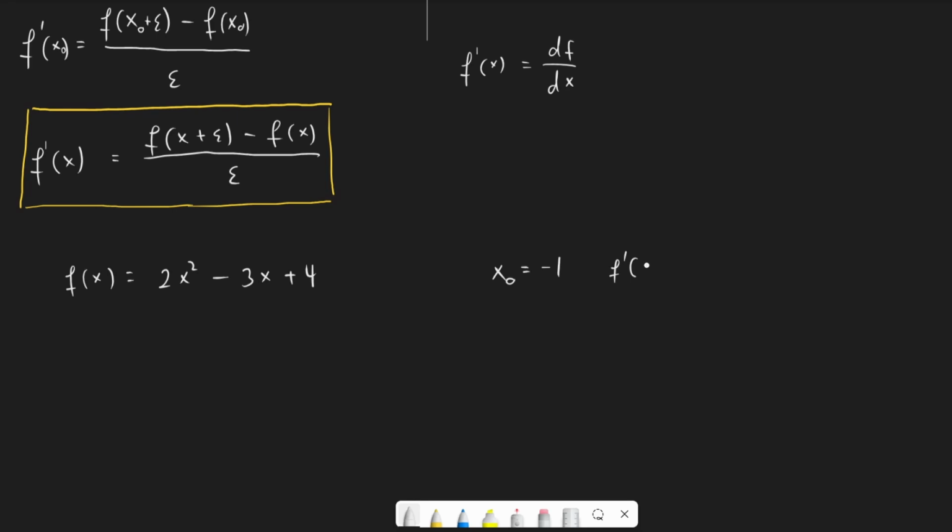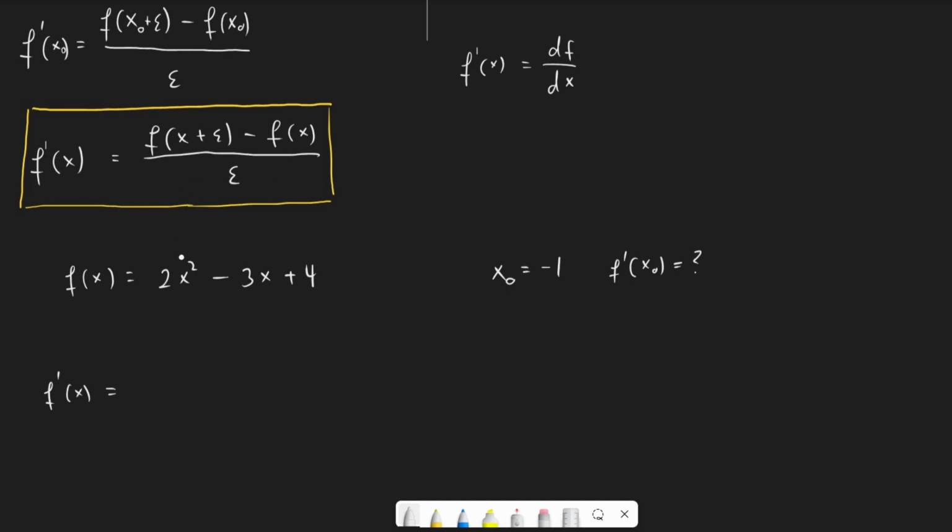So what is the slope of the function at this place? So let's get started. Let's use this expression. So f prime of x, the derivative of our function, is this expression.